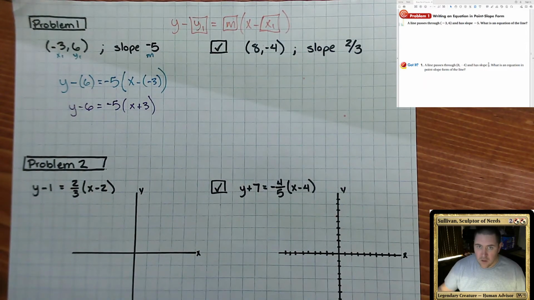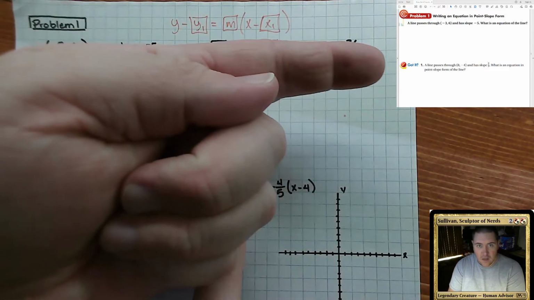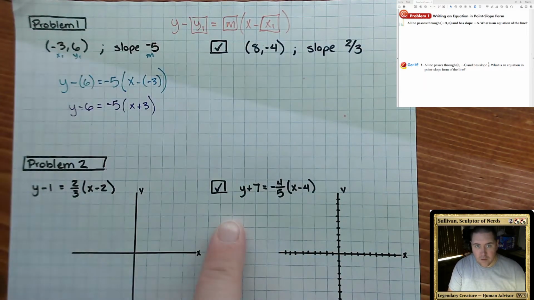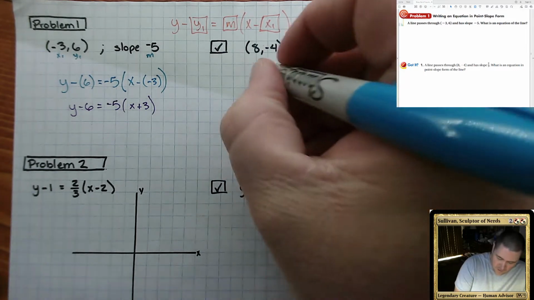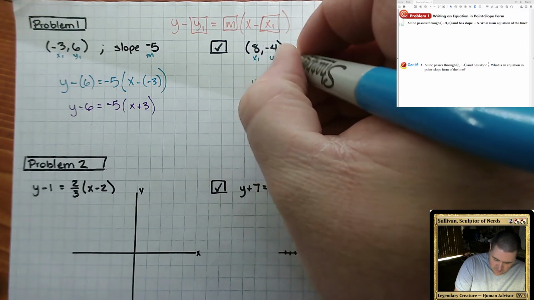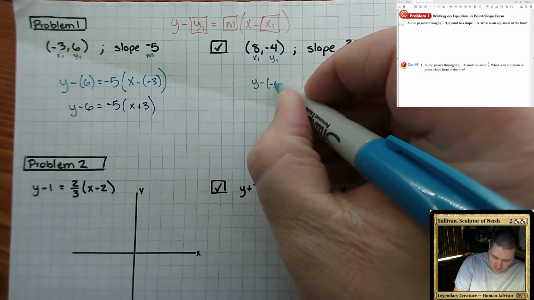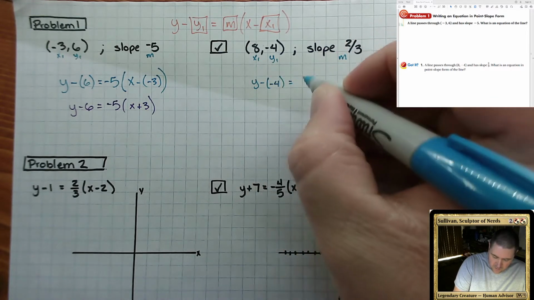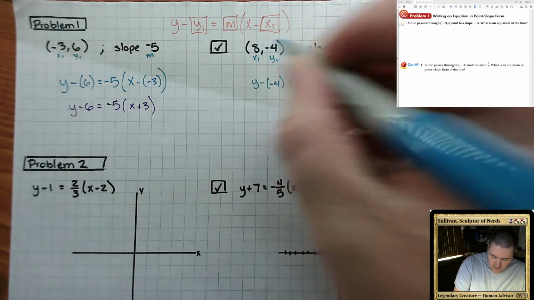So the little check mark here is going to be the got it problem right there in your notes. So pause it, do it. And y minus y1, negative 4, is m, x minus x1.